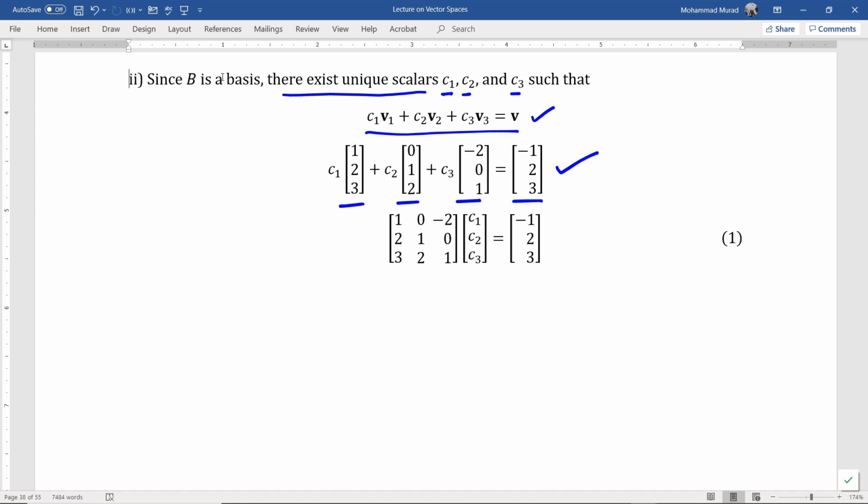To solve this vector equation for the constants c₁, c₂, and c₃, we'll form an augmented matrix for this system. Let's try to write the matrix form of these equations.